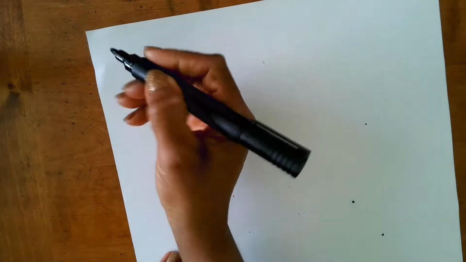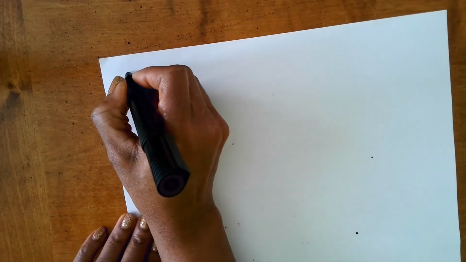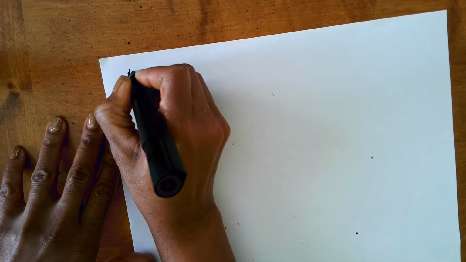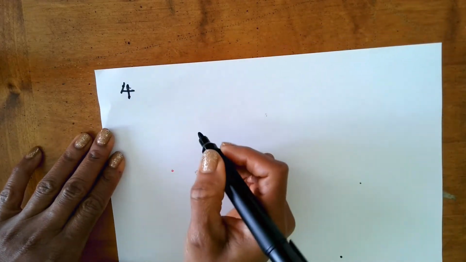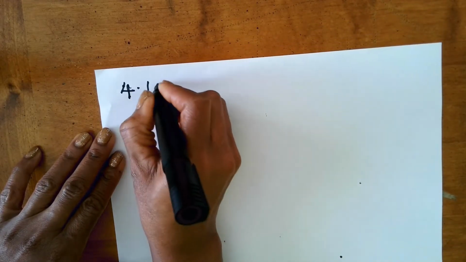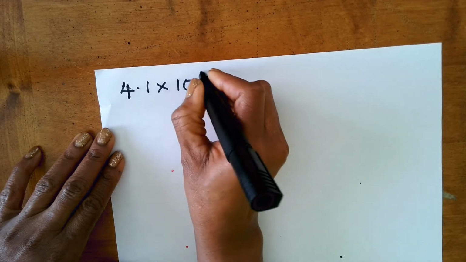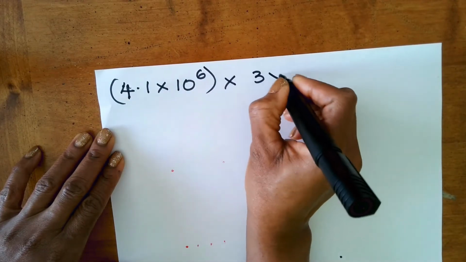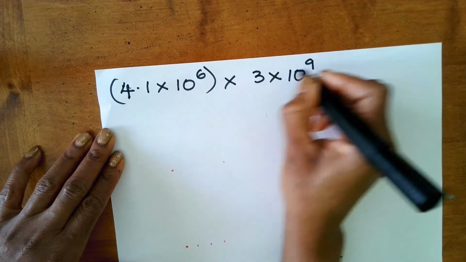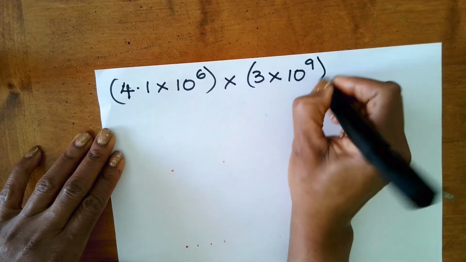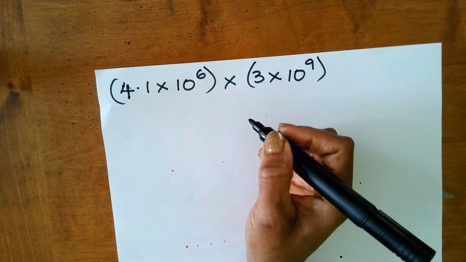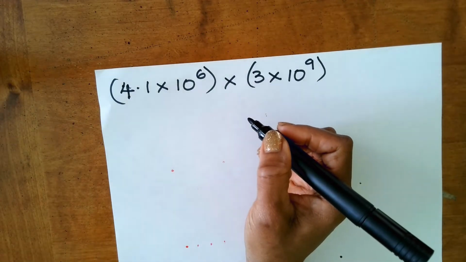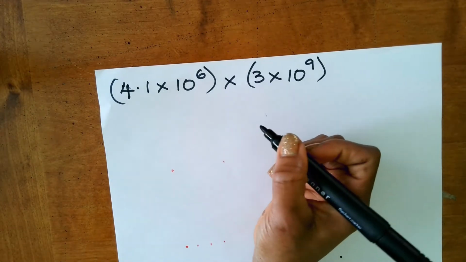So if we have an example, 4.1 multiplied by 10 all raised to the power of 6, multiplied by 3 times 10 all raised to the power of 9. What I'm going to do is multiply the numbers first and then add their powers.